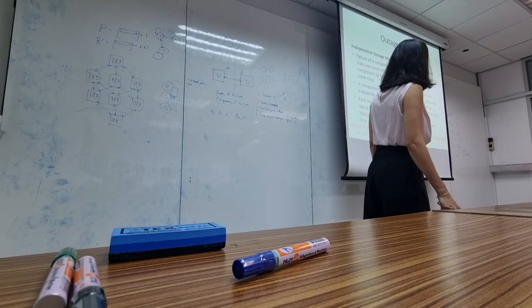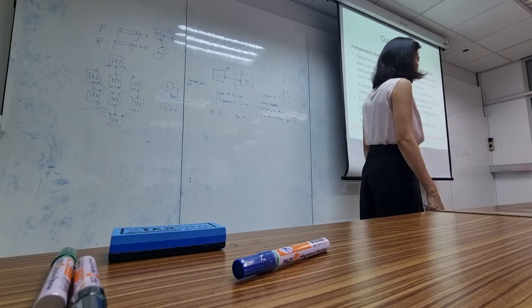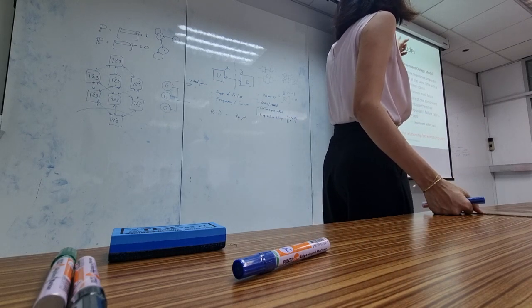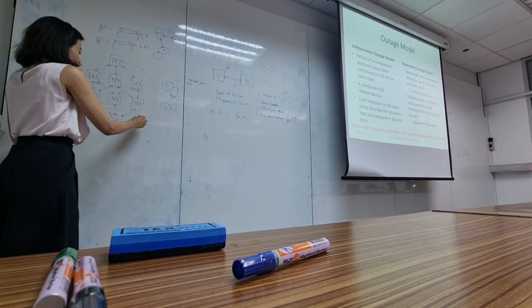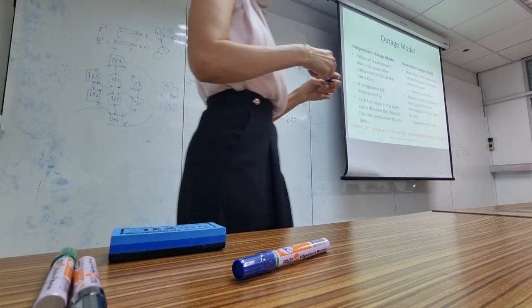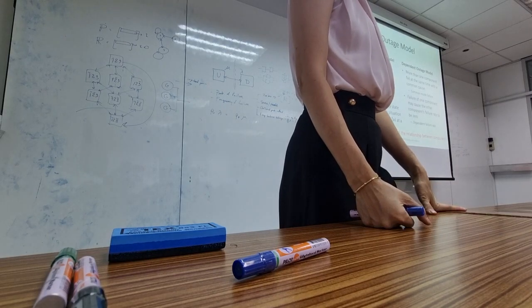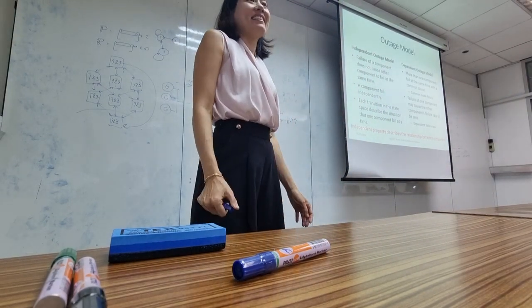In the dependent model, there are two types that we will go into detail today. The first one is that more than one component fails at the same time with a common cause, like what I showed you right here. What are those common causes that can happen in the system? How about the weather, the lightning?